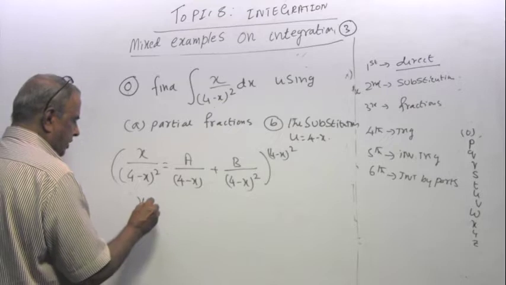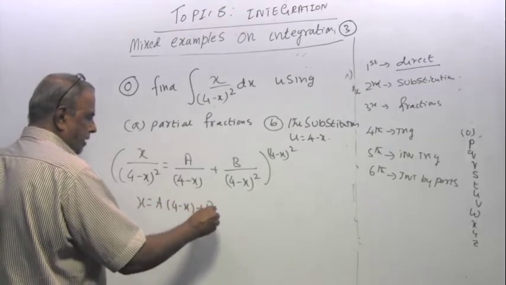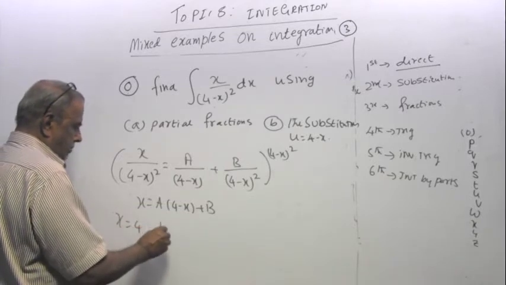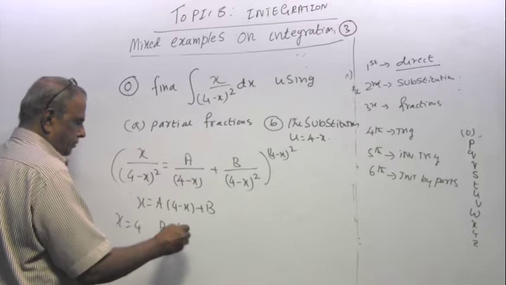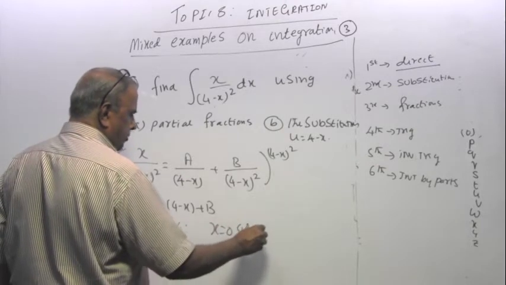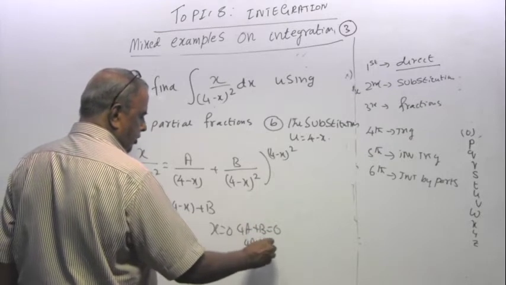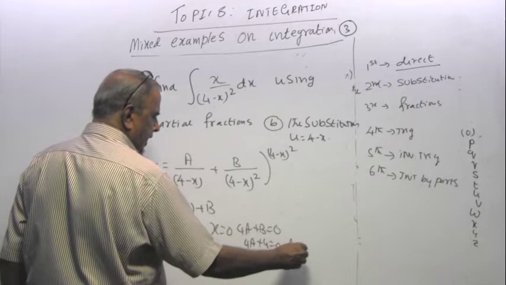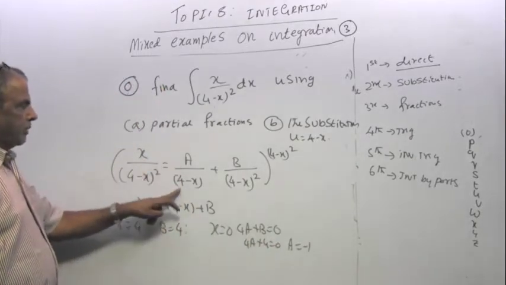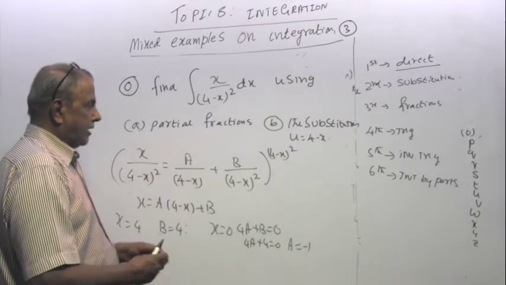So I get x equal to A times (4 minus x) plus B. Put x equal to 4, B equals 4. Put x equal to 0, 4A plus B equals 0, 4A plus 4 equals 0, so A is minus 1. So it's minus 1 over (4 minus x) plus 4 over (4 minus x) the whole square.